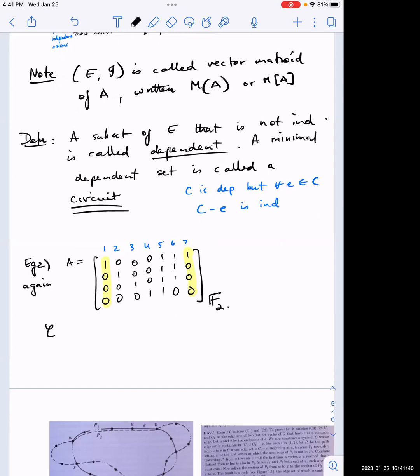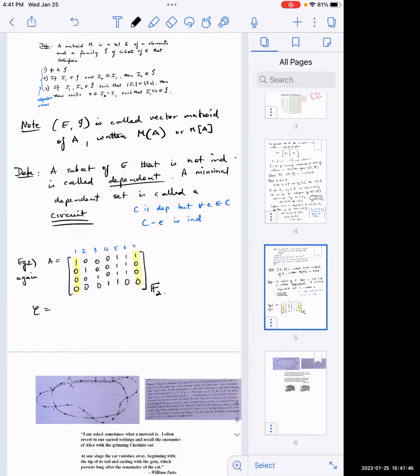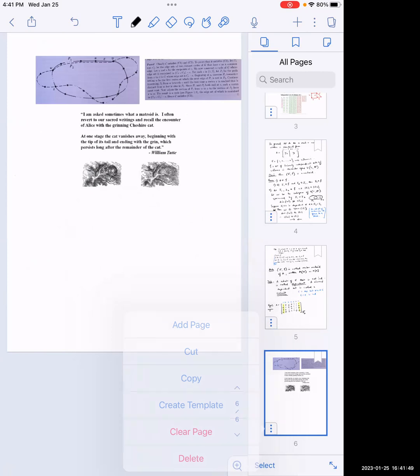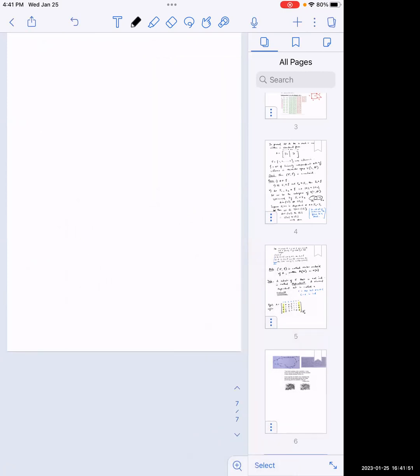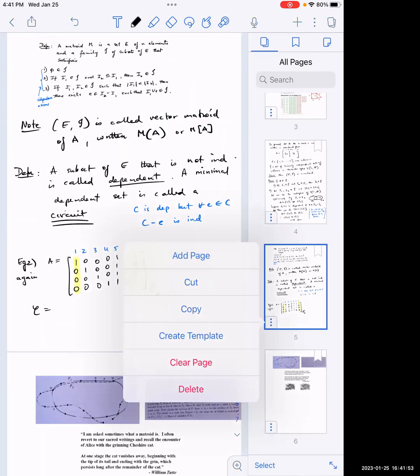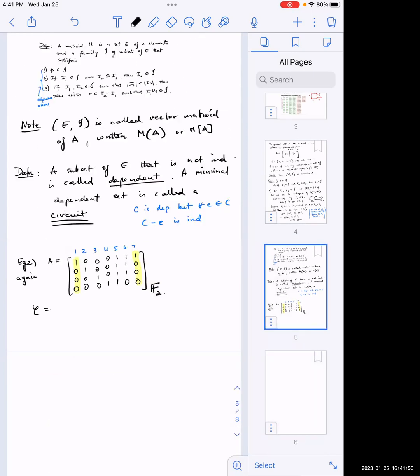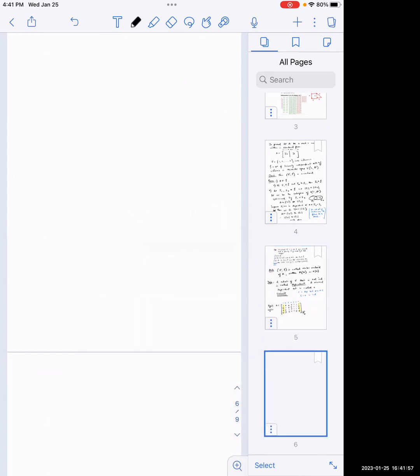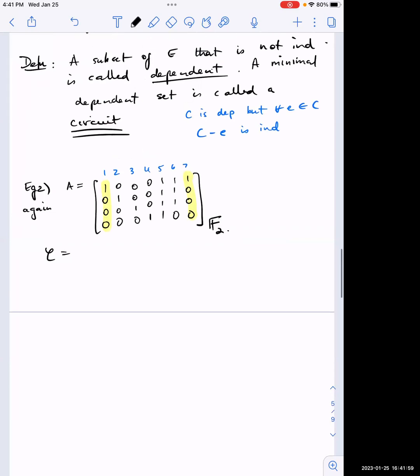We'll use script C for obvious reasons. Script C is {1,7}.